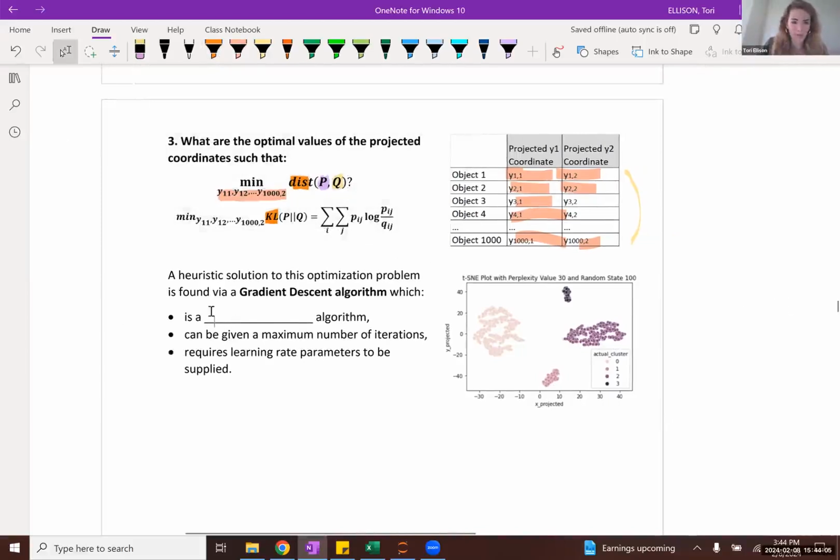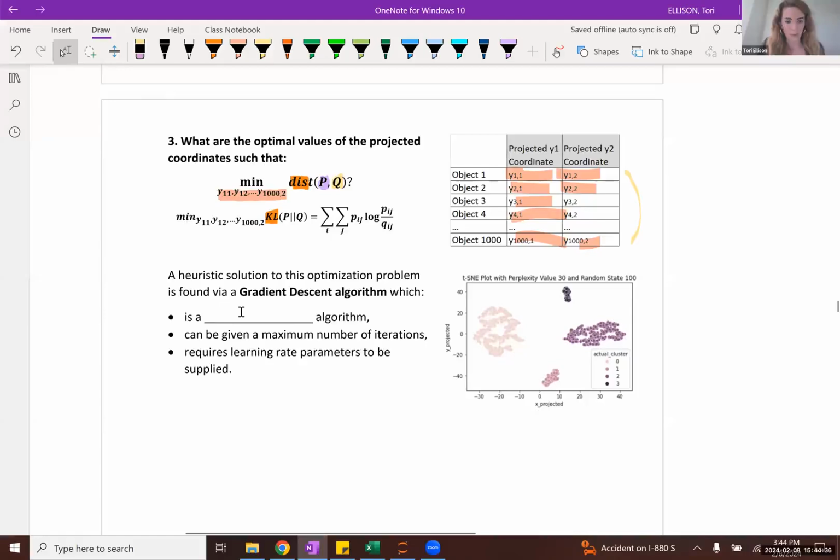However, there's not a fast, polynomial time algorithm which will find the global minimum to this optimization problem. So therefore, as we do with many of our algorithms which are based on some sort of optimization problem, we use a heuristic algorithm, which will hopefully find, at the very least, a local minimum to the corresponding optimization problem.